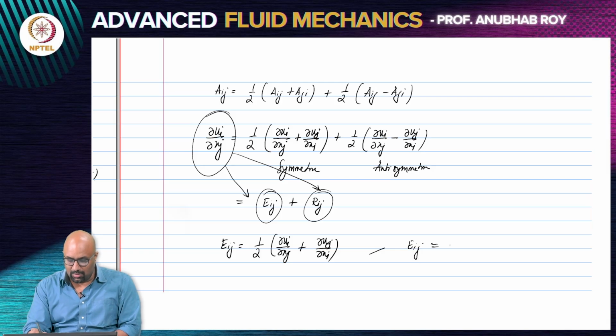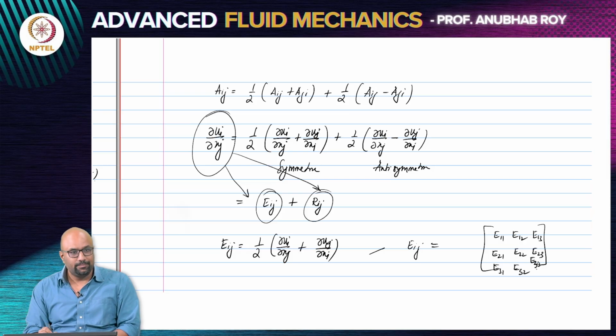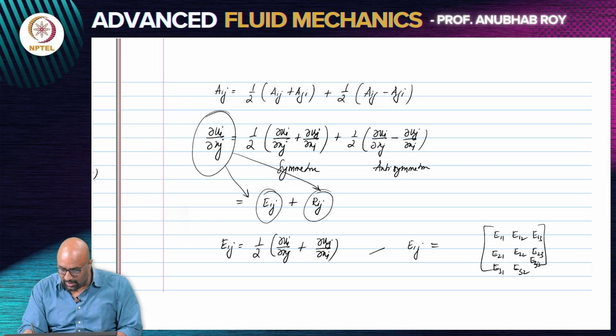If I were to write this out in its matrix form, I will have E11, E12, E13, E22, E33, and here I will have E23, and because this is a symmetric tensor, this is going to be E21, E31 and E32, where E31 is the same as E13 and this is E23. So, there are 6 elements of the rate of strain tensor.